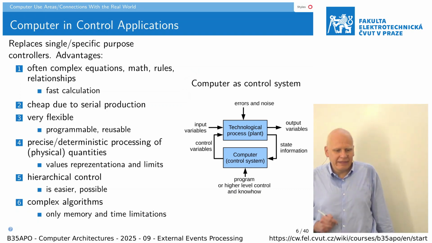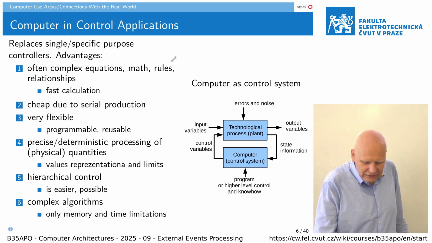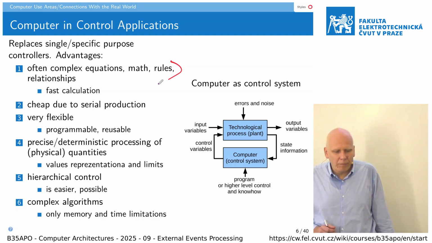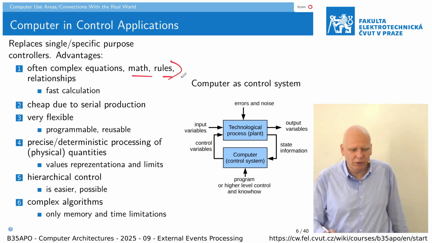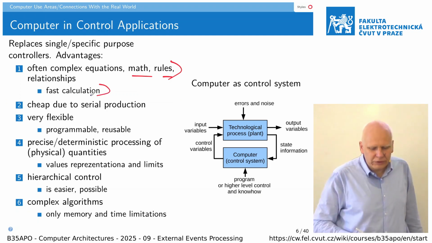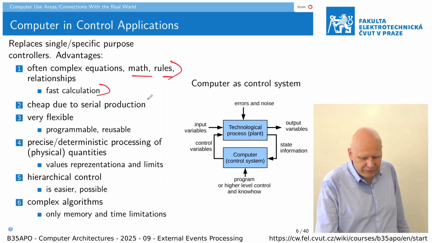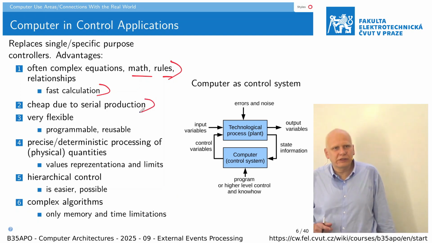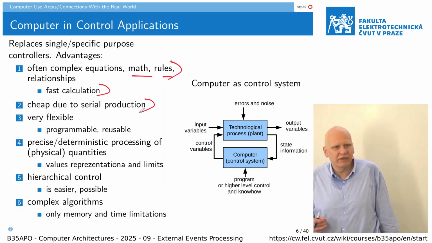Okay, and what are the advantages of the computer is that it can implement and compute relatively complex equations, math rules, optimization problems, and so on. And it can compute them fast. The other important feature is that it is relatively cheap because those cores of those computers, those chips, are produced serially in large quantities.